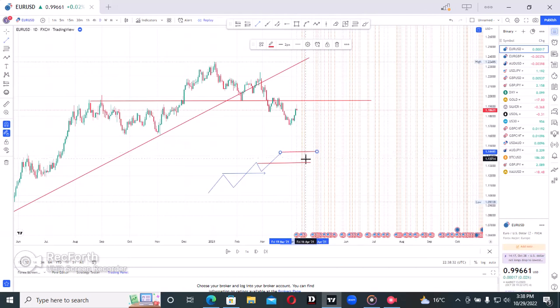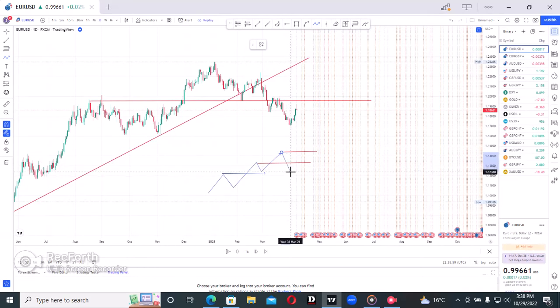And then, let me show you. If this market comes around this level, that's where I'm going to look for the buy positions, just because I'm in the uptrend.